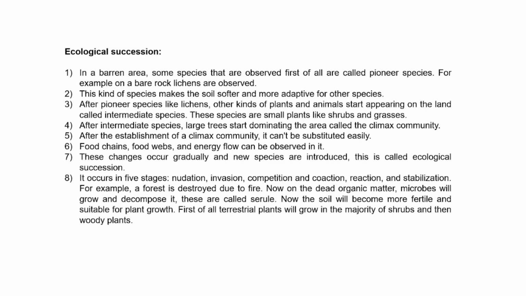After the climax community starts, it can't be substituted easily. So the climax community is kind of the end point till a disaster strikes. After the establishment, there cannot be further progression from that. Food chains, food webs, and energy flow, everything will be observed in that ecosystem. These changes occur gradually, and new species will be introduced. So this is called ecological succession.